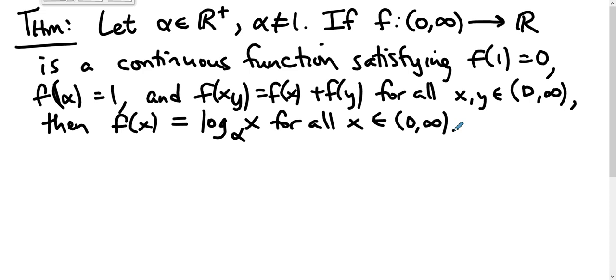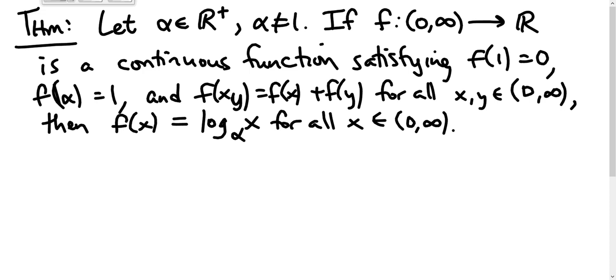You established in the worksheet that capital A satisfies this and capital A satisfies this, and we just established that capital A satisfies this. So the key is to prove that this theorem is true, and that will establish that capital A is in fact the log function.